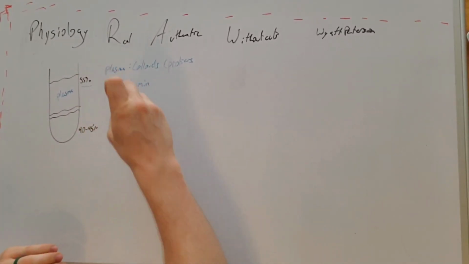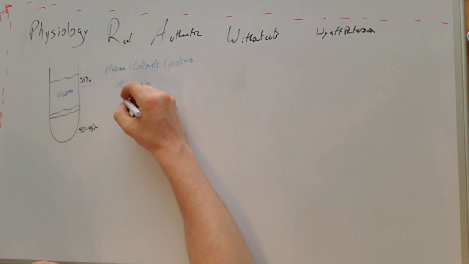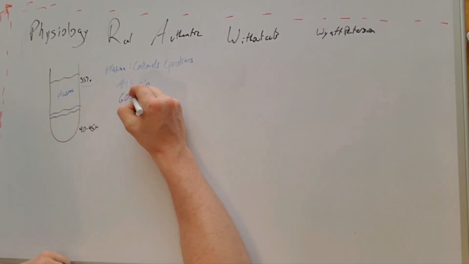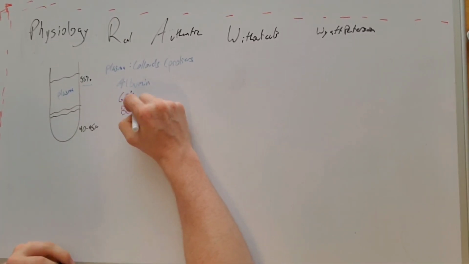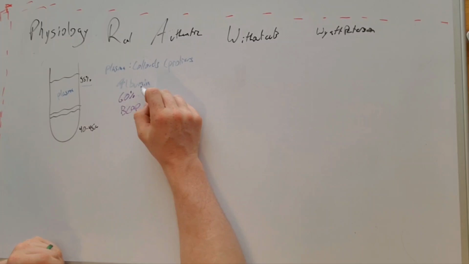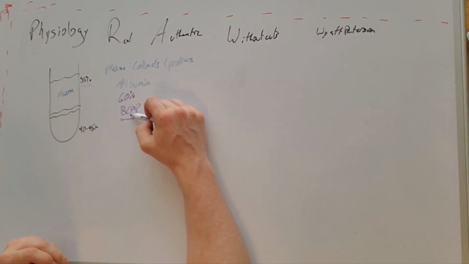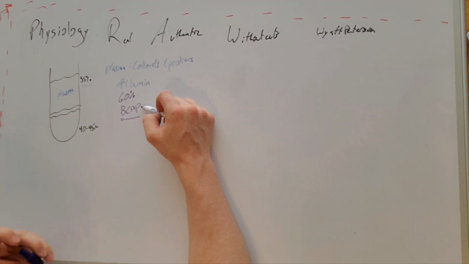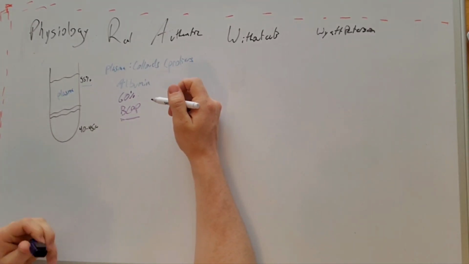Dude, really? I'll have to change that. 60% of the plasma is albumin, and that is responsible for the blood colloid osmotic pressure, which we talked about earlier in an earlier question.